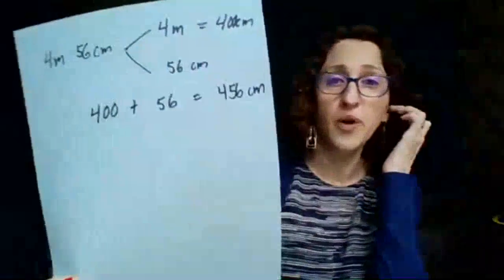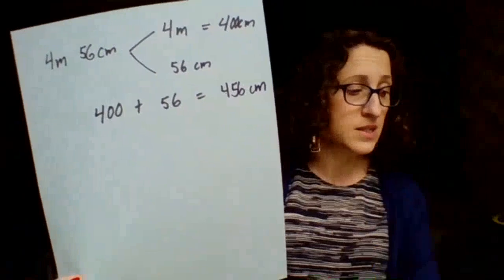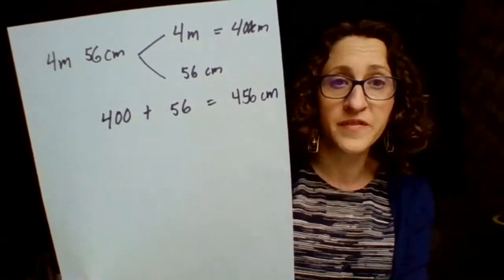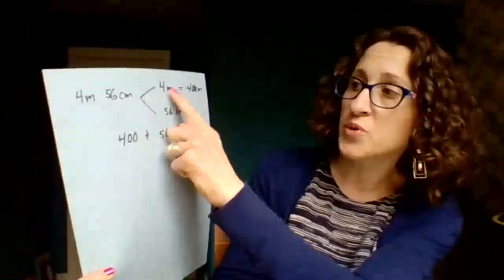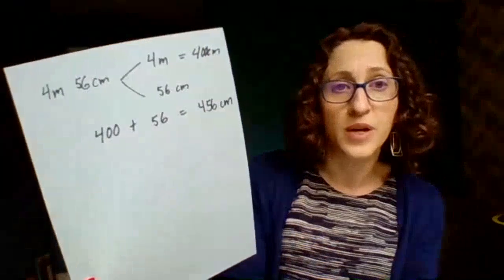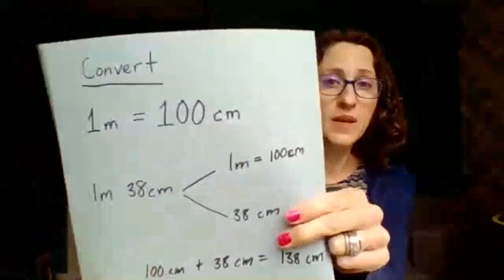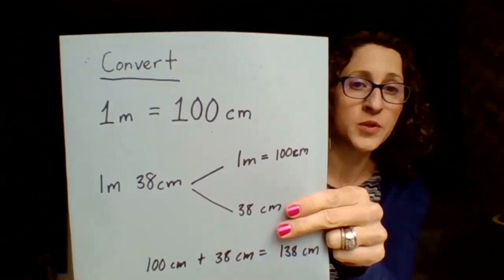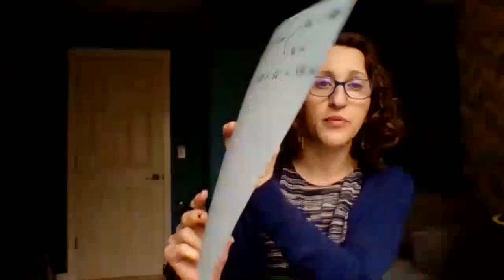And here's where we come up with 456 centimeters. So the length of the car is 456 centimeters. The key there was multiplying 4 times 100 to get 400. Keep that conversion in mind, that 1 meter equals 100 centimeters. We're going to need that throughout this lesson.